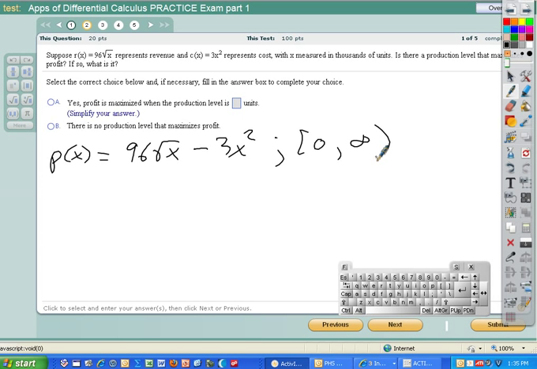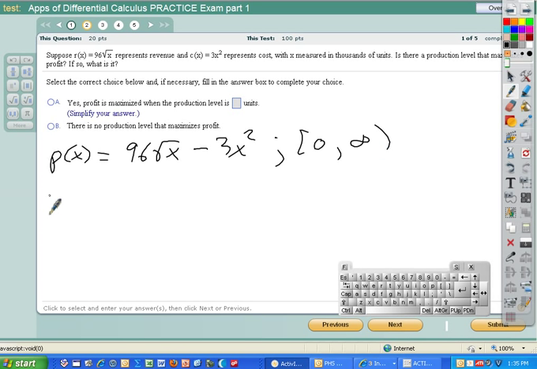So what do we do in step 5? We have to maximize that function. So how do I maximize a function? Find the derivative and the critical numbers, then evaluate and find out which of those is a maximum, on our domain.